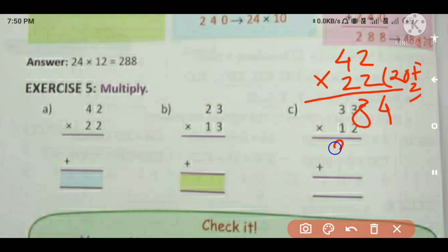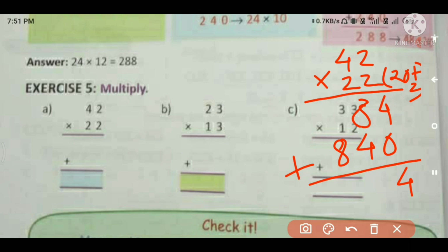Now we'll add 0, we'll get what? 840. Now we'll add these two numbers, so 4 plus 0, 4, 8 plus 4, 12, 1 plus 8, 9. So our answer will be what? 924.